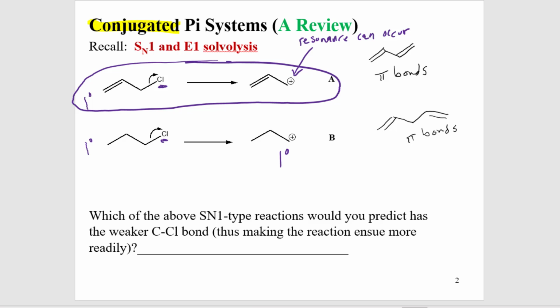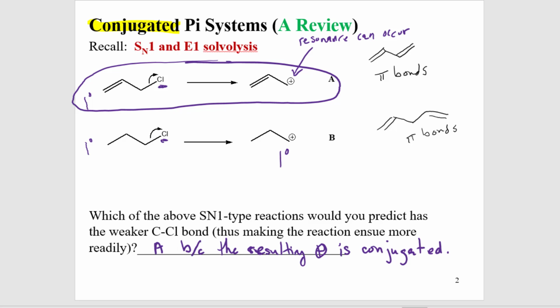Thus, the carbocation is conjugated to the pi system. It's like saying it's related to or can interact with. So you would say the answer is A, because the resulting carbocation is conjugated. So I used the word conjugation in a sentence.